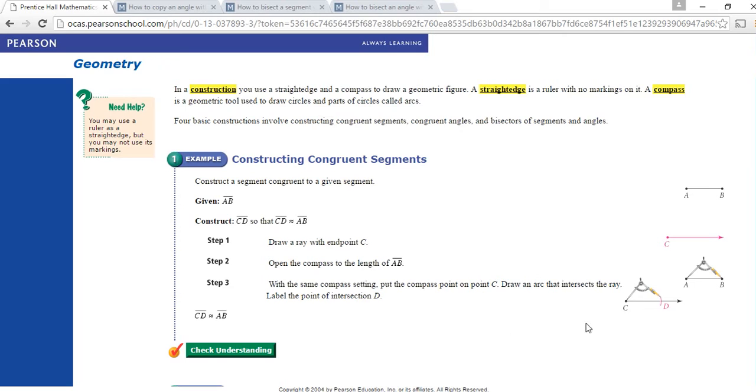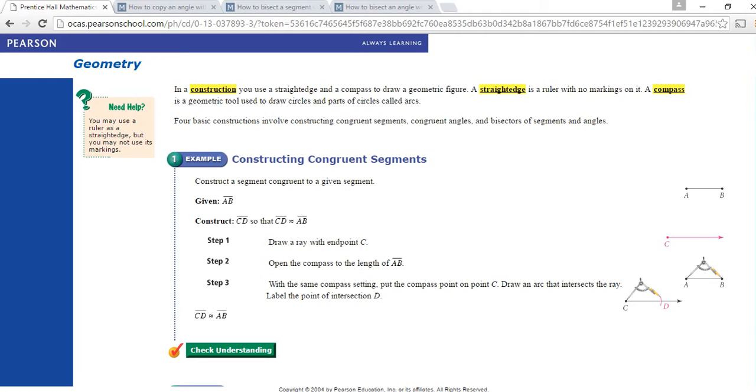With the compass setting, put the compass on the point that you drew for your ray, and draw an arc through it, like this picture right here. That arc is going to intersect your ray, and if you label it D, there is your congruent segment.